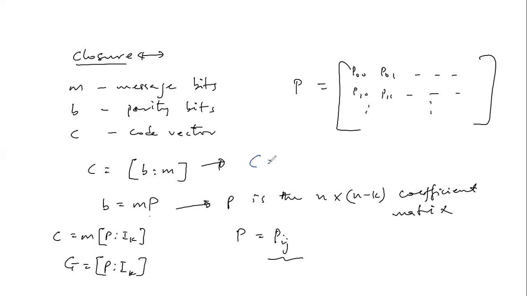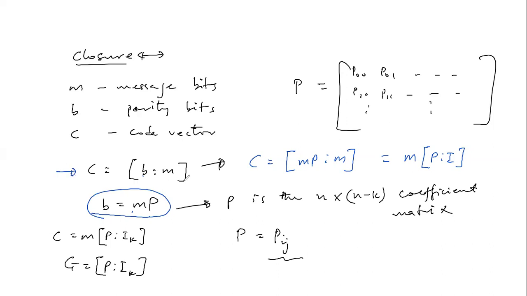We have C equal to, let's substitute this into this, MP, M. If we bring M out, this gives us M into bracket P, I. Because this is B, and the code word is given as this.